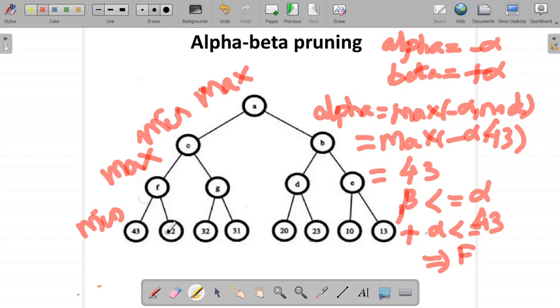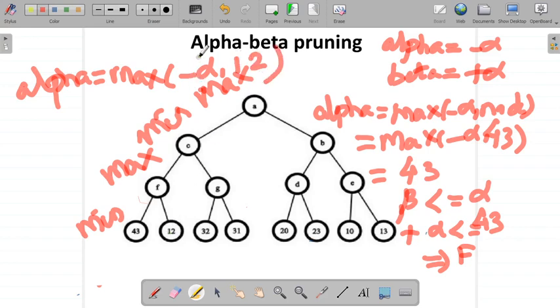In the right child, again we should calculate the alpha value. So alpha is equal to max of minus infinity comma the right child value, which is 12. Then previously the alpha value is 43.